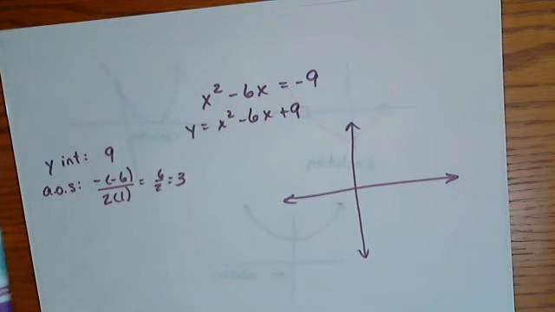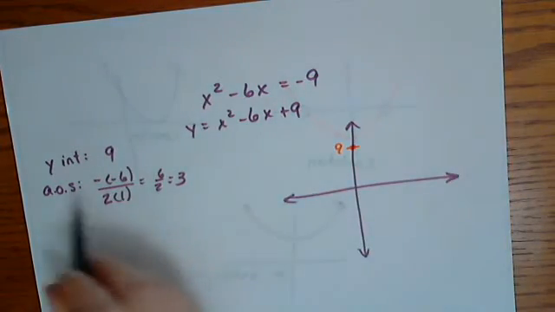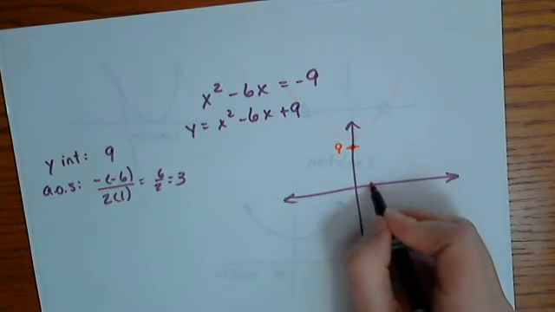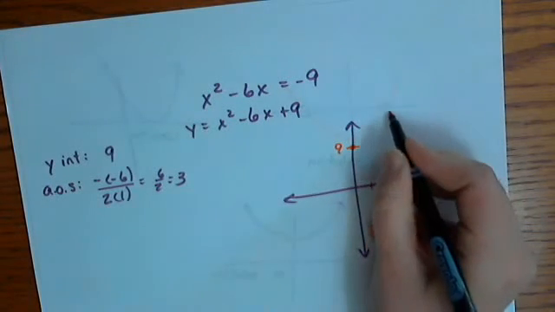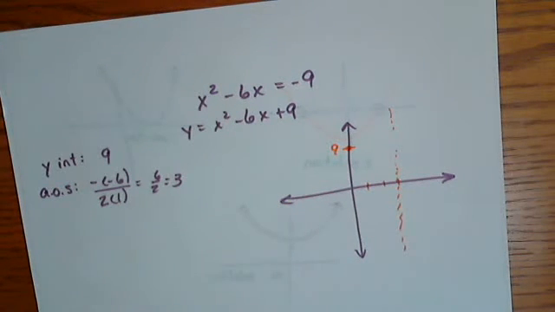So we know we have our y-intercept at a positive 9, and our axis of symmetry is at 3. 1, 2, 3. That's going to be right there, our axis of symmetry.